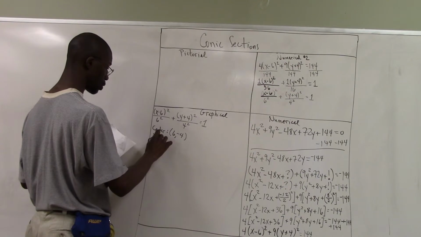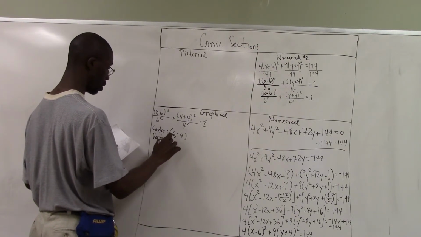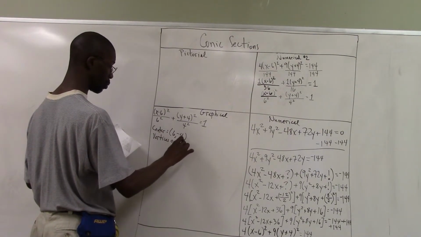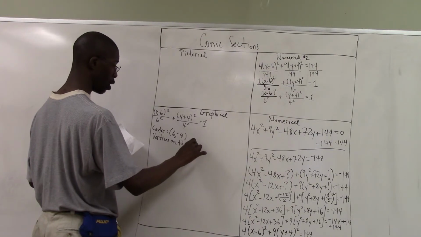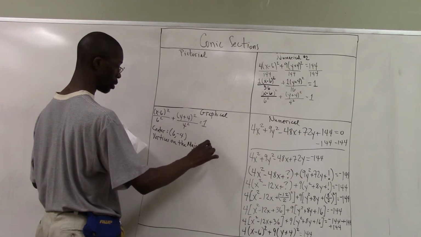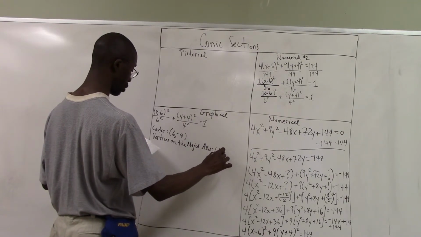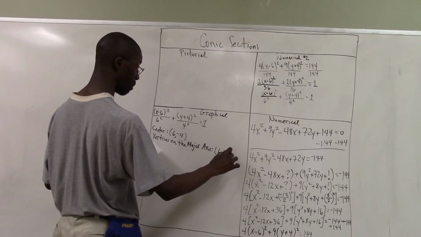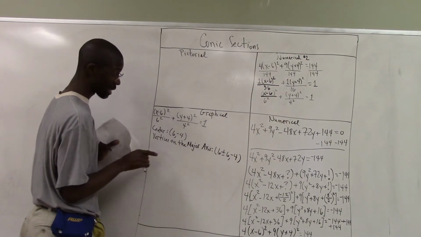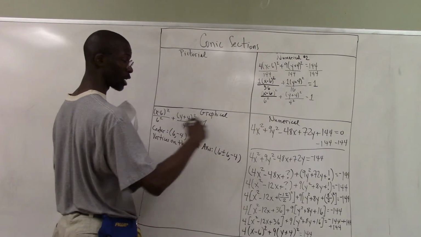The vertices on the major axis are represented by 6 plus or minus 6 comma negative 4. Now the major axis is the axis that the ellipse is stretched along.